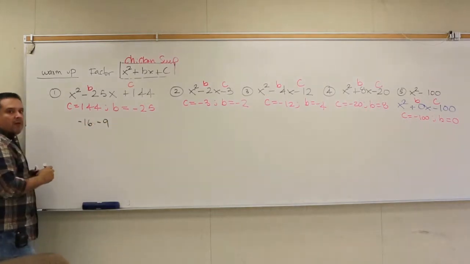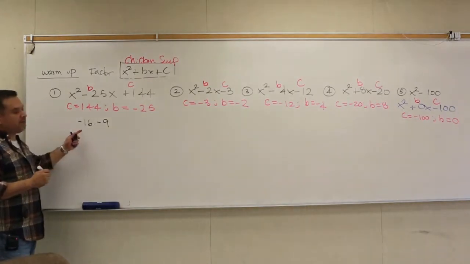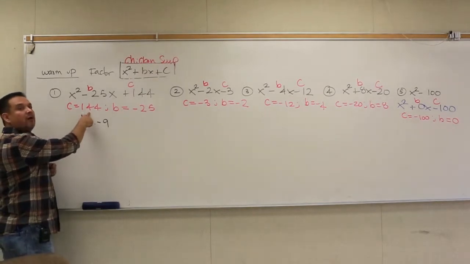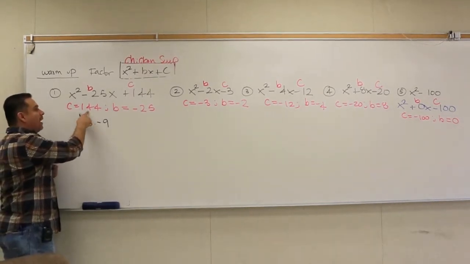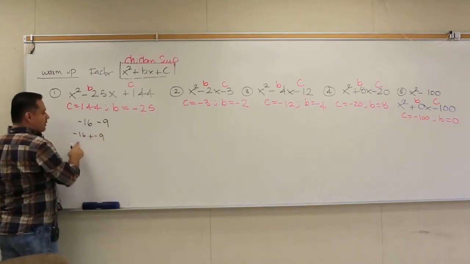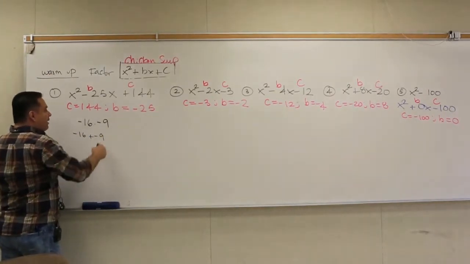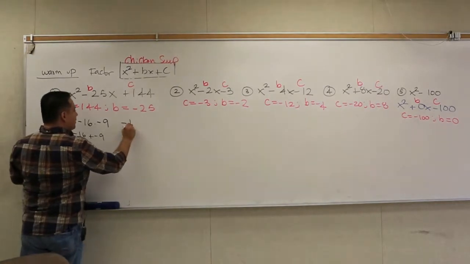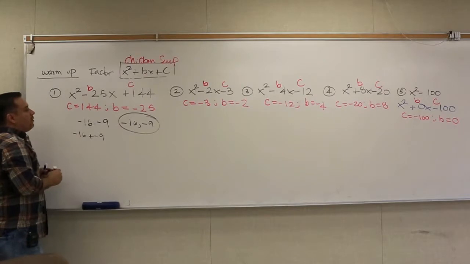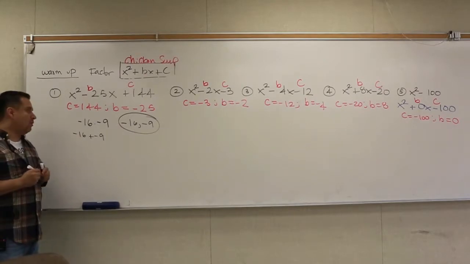Is that positive 144? Negative times negative is positive. What's negative 16 plus negative 9? It's negative 25. So what's the answer? Negative 16 and negative 9. Everybody okay with that?